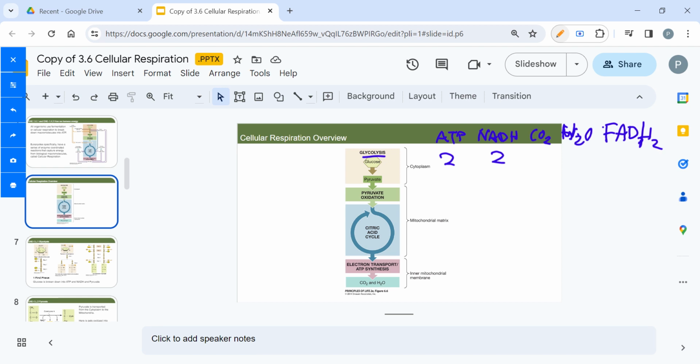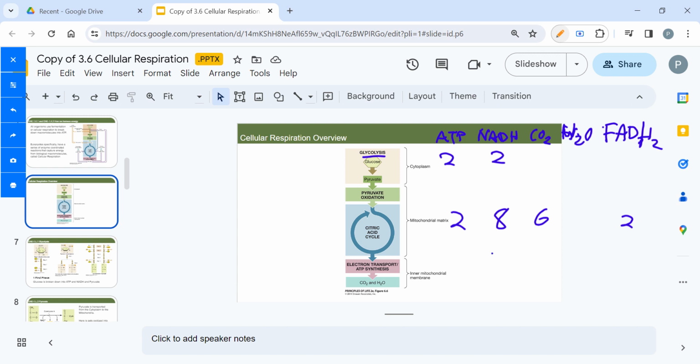And pyruvic oxidation and the citric acid cycle, I'm combining these together. I've made 2 ATPs, I've made 8 NADHs, I've made my 6 carbon dioxides, I've made no waters, and I made 2 FADH2s. So if I'm totaling all this now, I now have 10 NADHs, 8 and 2 is 10.